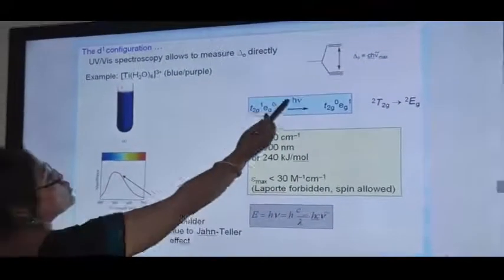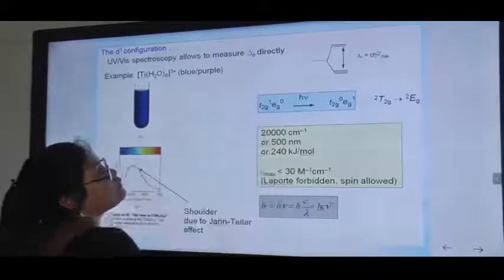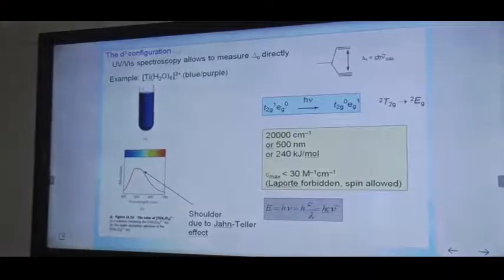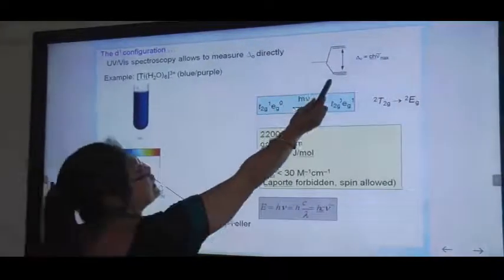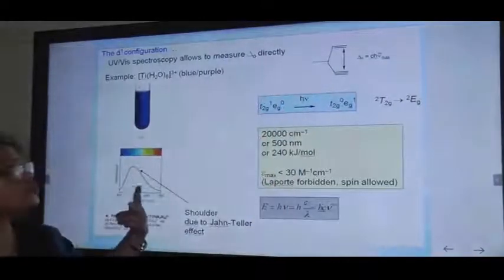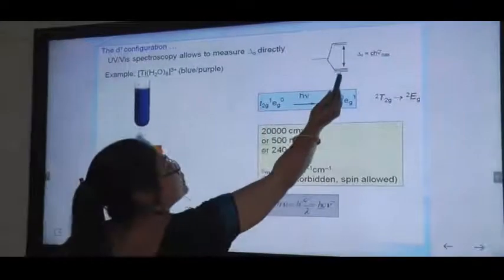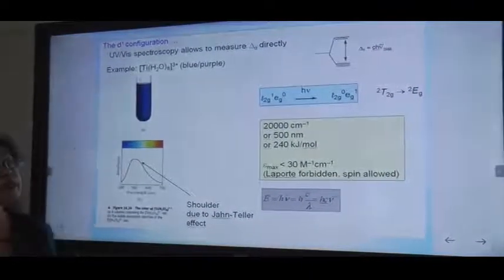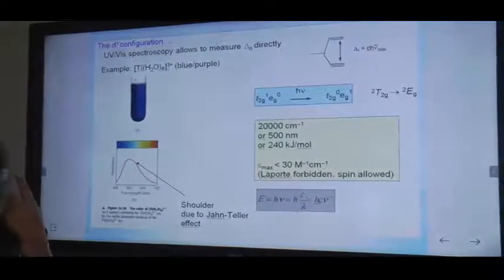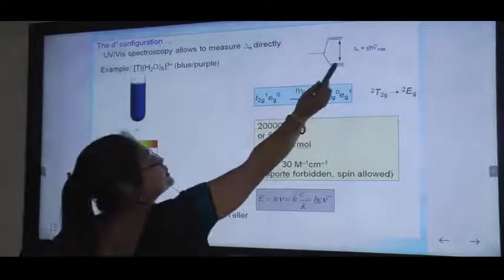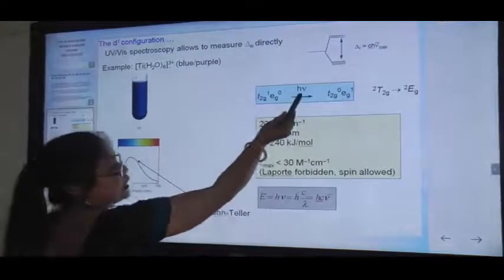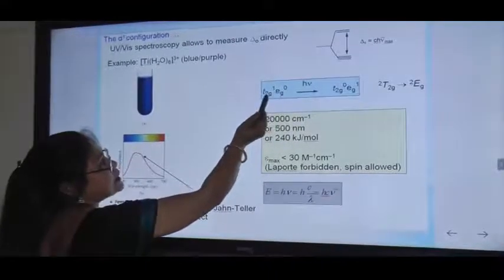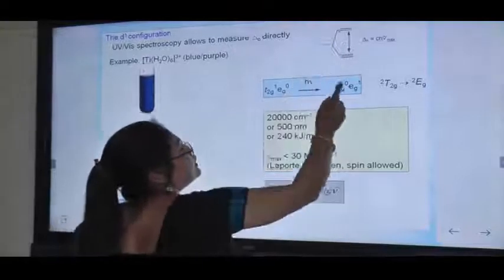Now if I go to simple crystal field theory, we find that when 6 water molecules are associated with titanium, its d orbitals will split into 2 levels. The lower will be the t2g, the higher will be the eg. In this complex, titanium is in the +3 oxidation state. This means it has only one d electron, and that will be in the t2g level. So upon absorption of solar energy, this electron can be excited from the lower to the higher level.